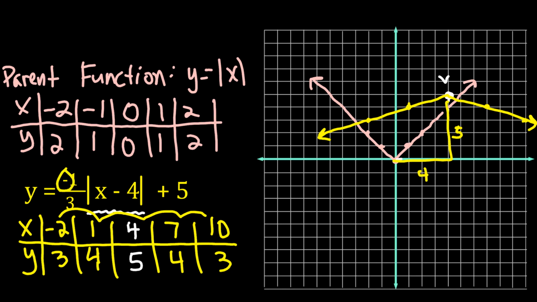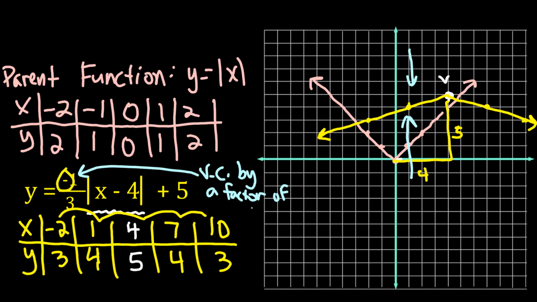And then this was actually, sometimes it's hard to tell, especially with this function, but this was a vertical compression. So what that means is it pushed the graph in by a factor of 1/3. So that 1/3 out in front is a vertical compression by a factor of 1/3.